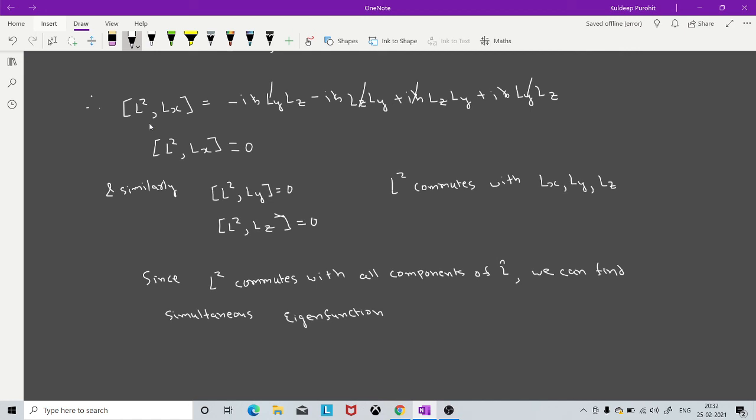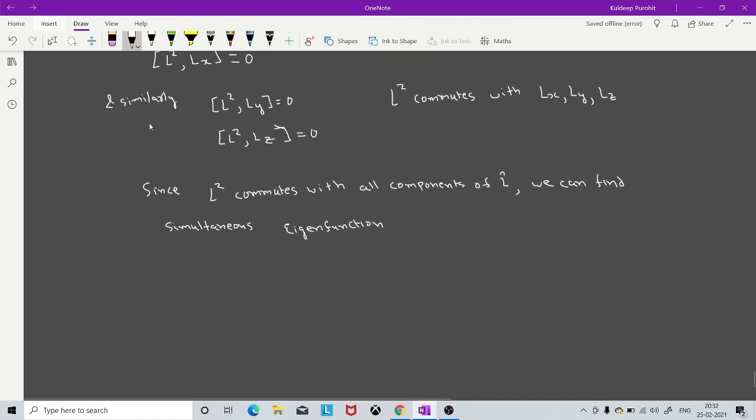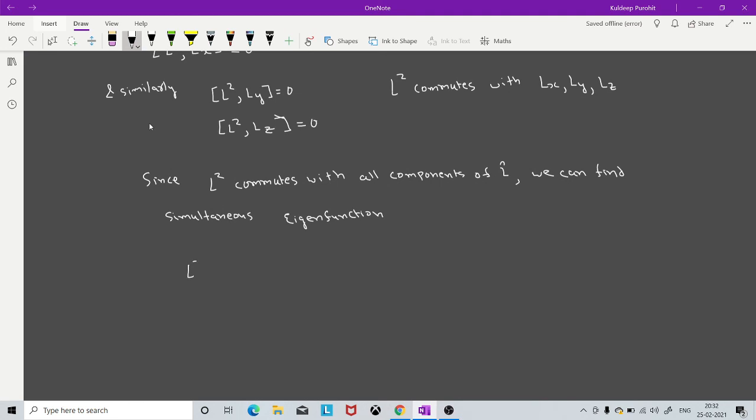So what we will do is take L square, and I can take either Lx, Ly, or Lz, and with the help of L square and Lz I can find a complete set of eigenfunctions. I will be using the L square and Lz operators since they commute. So now it helps me to find the simultaneous or a complete set of eigenfunctions.